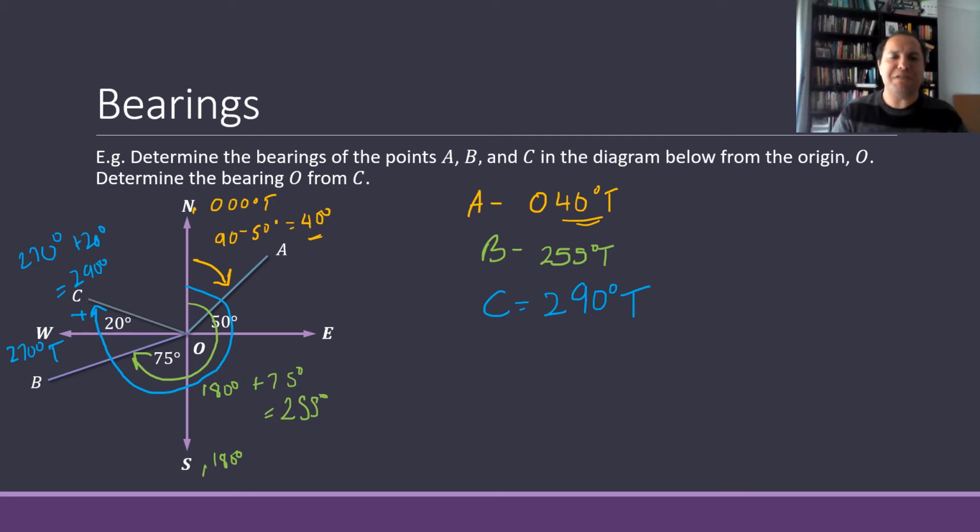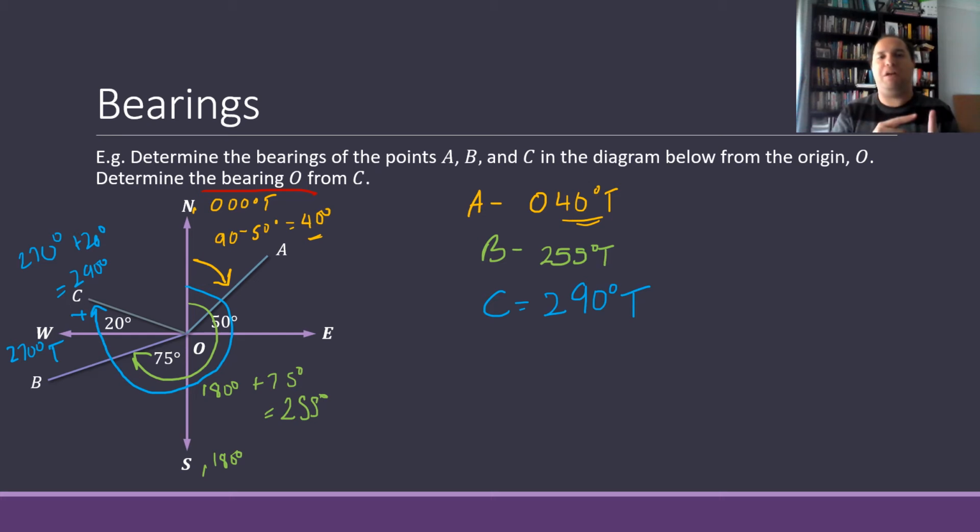Now, the question is, what about if we're going backwards? What if we're going from C back to O? Imagine if this was in real life. You're walking in one direction from place A to place B. You get to place B. What would you have to do to get back to where you started from?